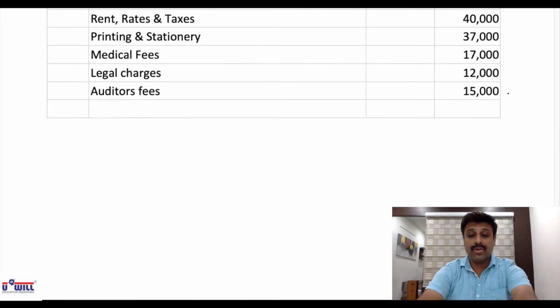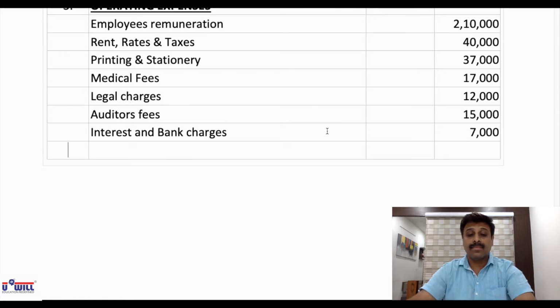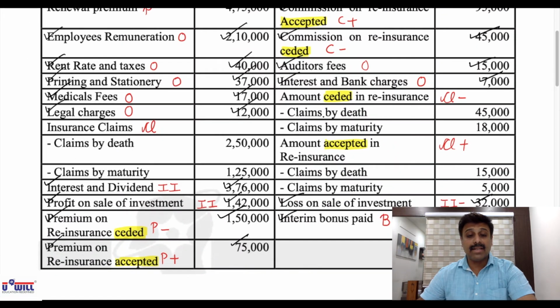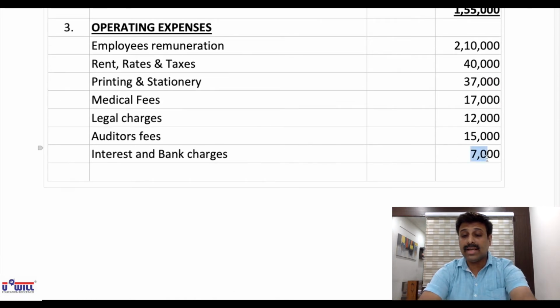So all of you write down interest and bank charges 7,000. Then after interest and bank charges, any other item marked as O? Not there. So we can do the totals. Okay, no other item marked as operating expenses there.